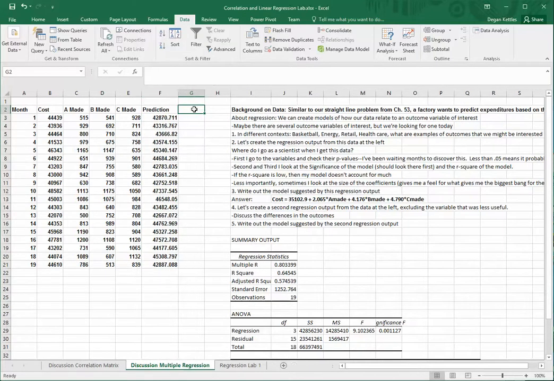And I can also see how far off I was. Eyeballing it, it looks like I'm off by a couple thousand from the actual cost based on my estimated formula. In almost every case, it's always in the 40,000s, so that looks good. Let's see what my error, also called a residual, is. So equals my prediction less the actual cost.